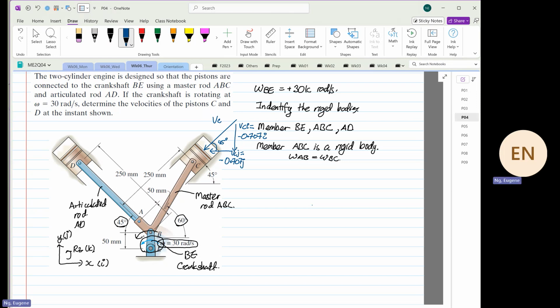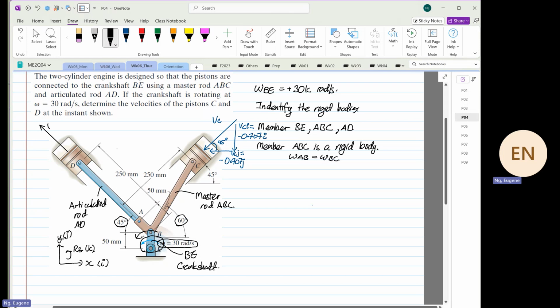Now D, you want to assume up or down? Up. Okay, we assume up. No problem. And the angle is also 45 degrees.